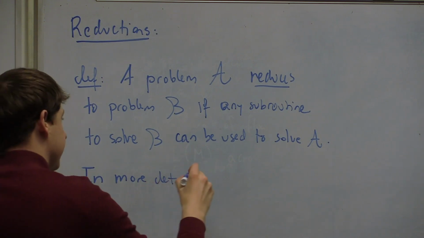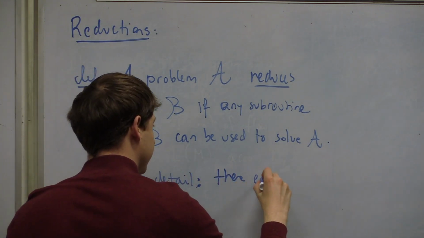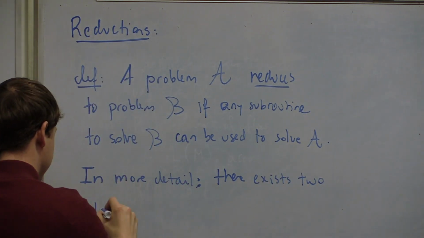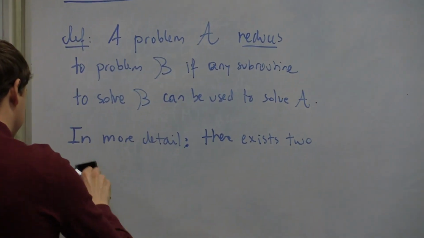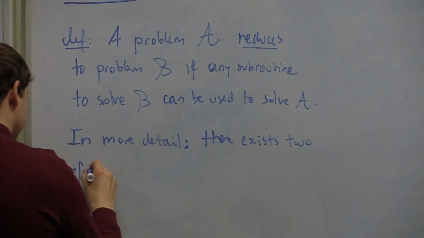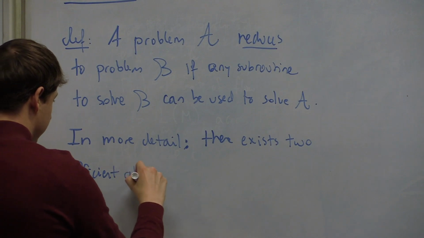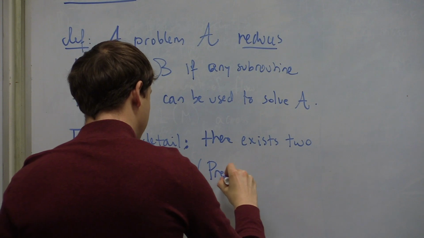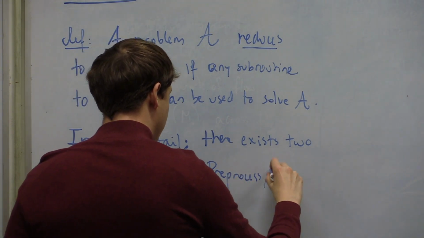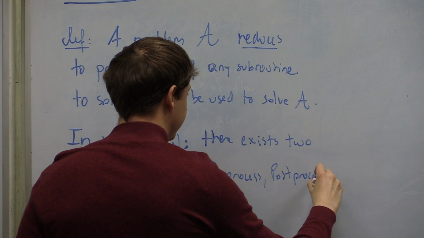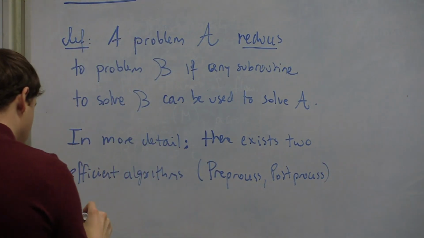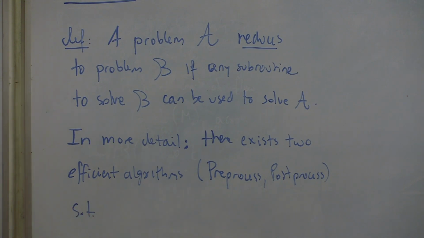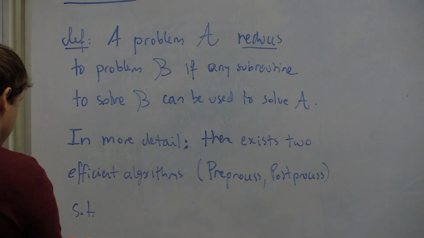There exist two efficient algorithms, we call them pre-process and post-process, such that, and I'm going to use pictures, because this English sentence is going to be too long.